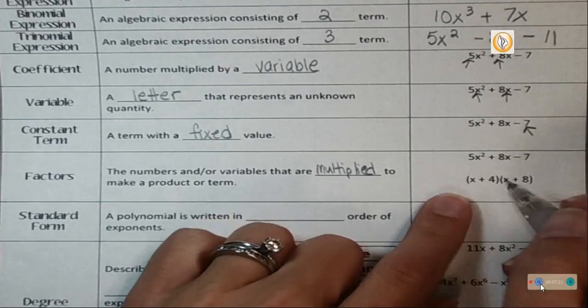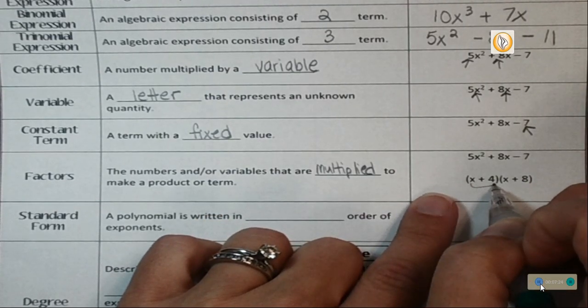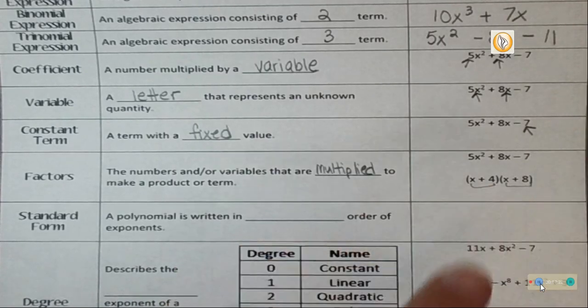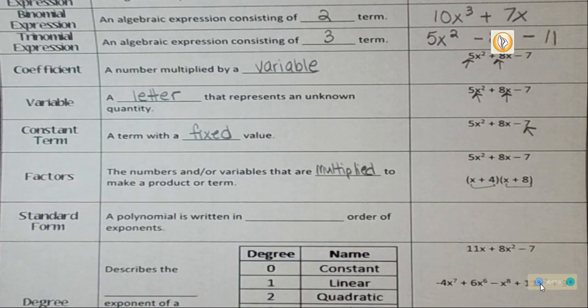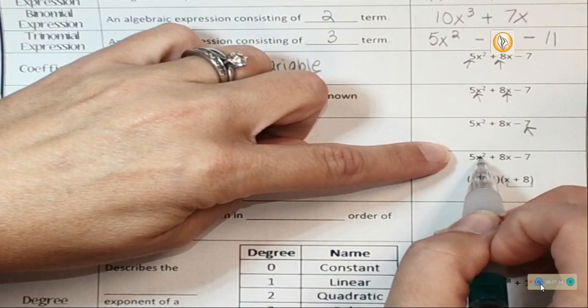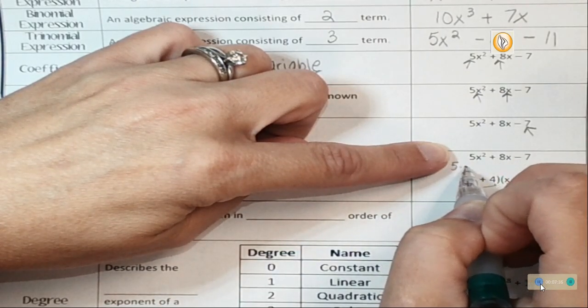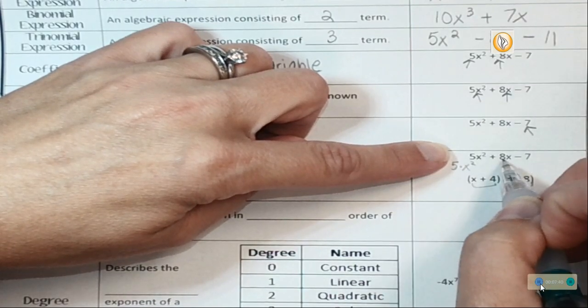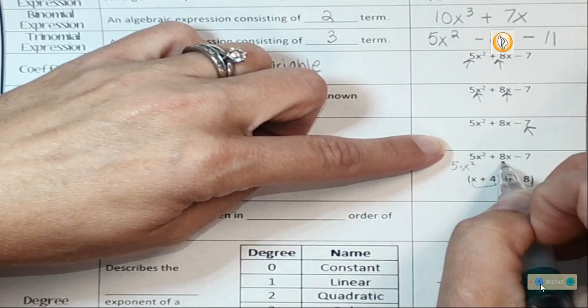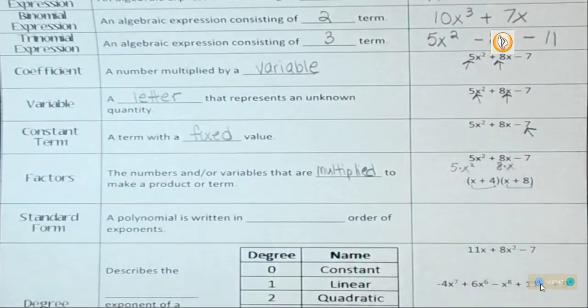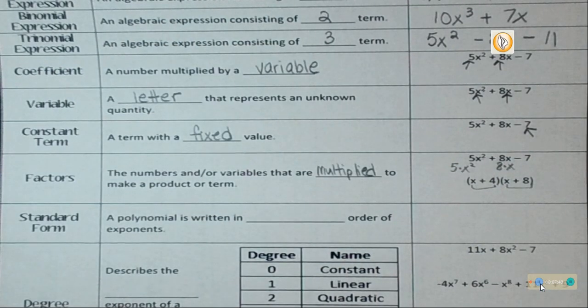These are factors because x plus 4 times x plus 8, those two things are getting multiplied together. But also right here, this is really 5 times x squared. So those are factors. What is 8x really telling us? 8 times x. Those are considered factors when we're talking about anything multiplied together.